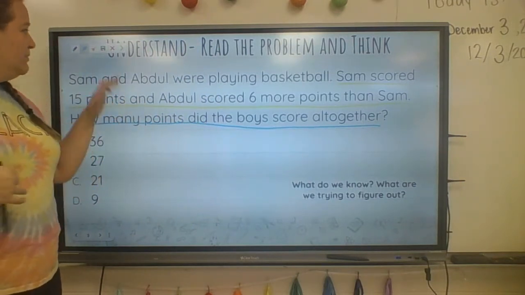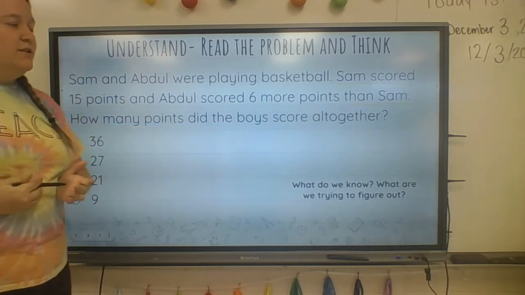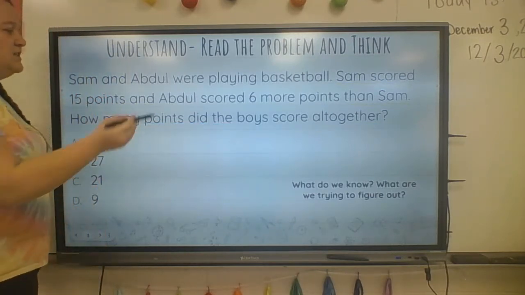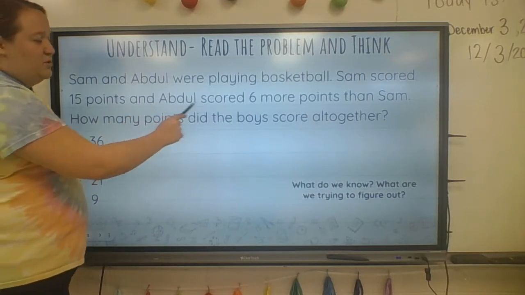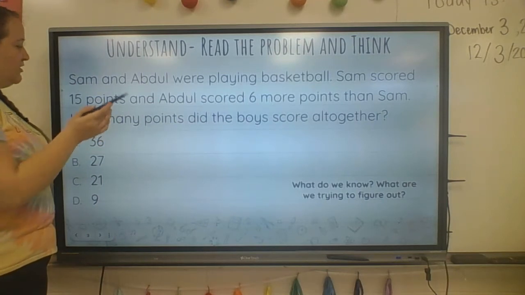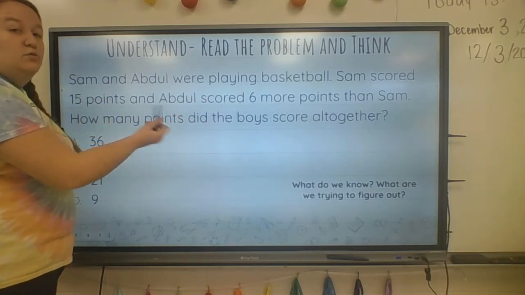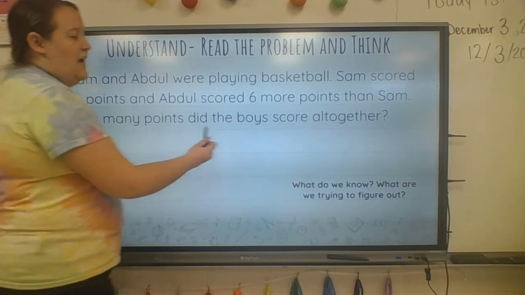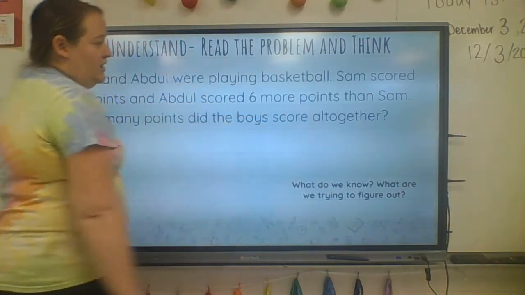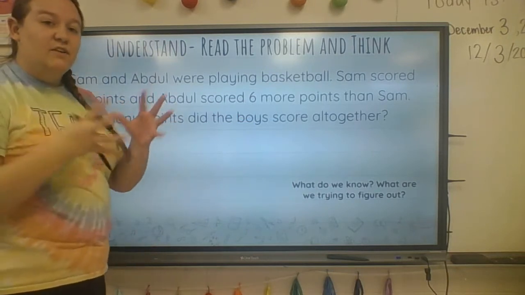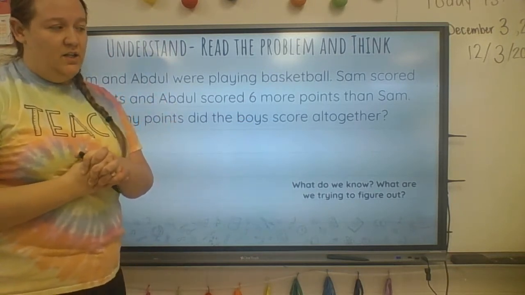Now thinking about my problem, I know that this is going to be a multi-step problem. I know this because it says that Abdul scored 6 more points than Sam. So first I need to figure out how many points Abdul scored. Then my question is asking, how many did they score all together? So after I figure out what Abdul scored, then I can figure out how many they scored all together.